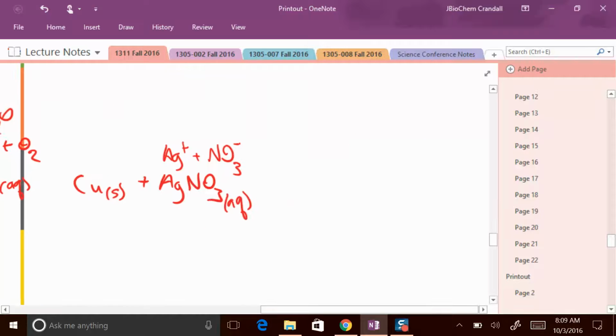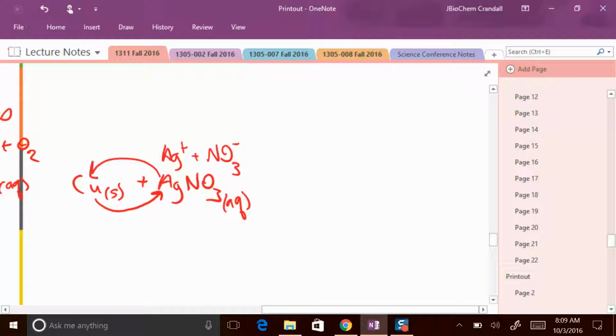Okay? So this copper is going to give its electrons to silver. Silver has a higher potential for electrons, a stronger potential for them. And it pulls the electrons away from copper towards itself. So, what's going to be the products of this reaction?